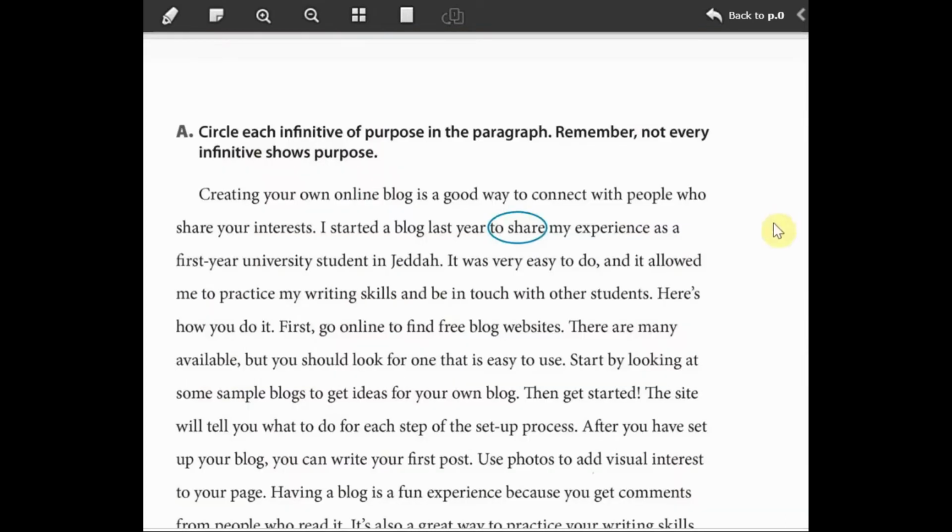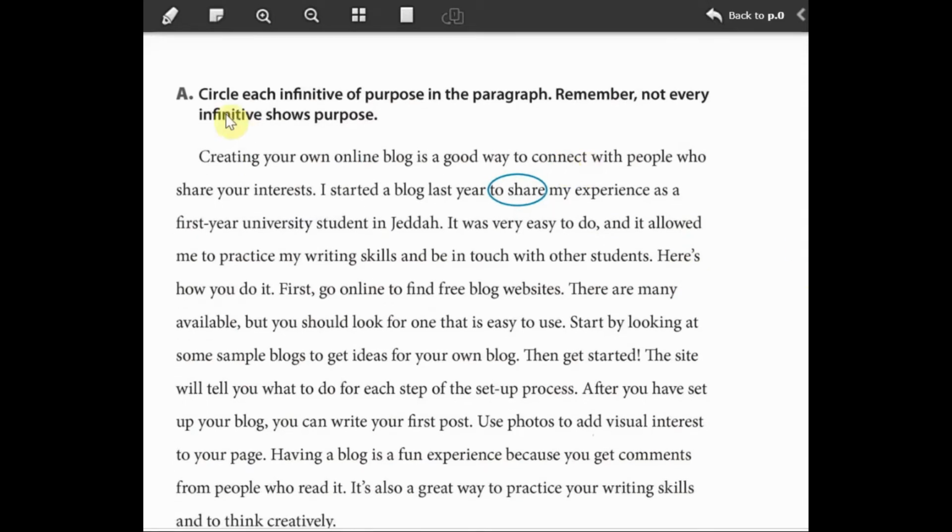Now let's go to page 132, where we have two exercises. The first exercise question is, circle each infinitive of purpose in the paragraph. Remember, not every infinitive shows purpose. So we have to scan and look for the infinitives in this paragraph and make sure that these infinitives are infinitives of purpose.